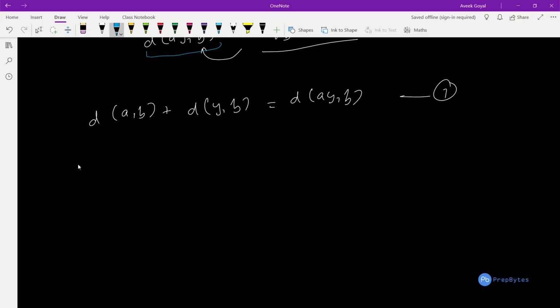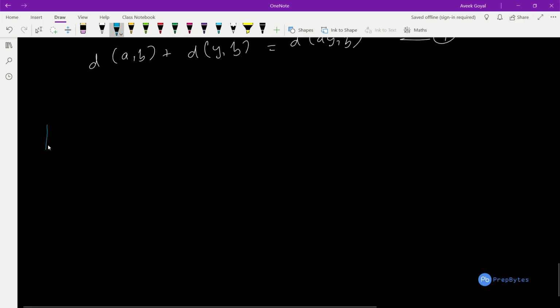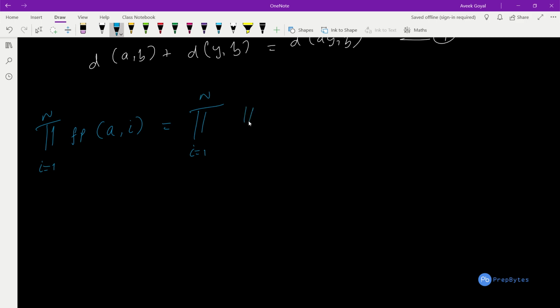Now let's come to what the question is asking us. The question is asking us to find the product over i equals 1 to n of f'(a, i). So f'(a, 1), f'(a, 2), multiplied by f'(a, 3), f'(a, 4), and so on up to f'(a, n). Okay, so this is nothing but the product of all the numbers from i equals 1 to n, for all p belonging to my s'(a), g'(i, p).